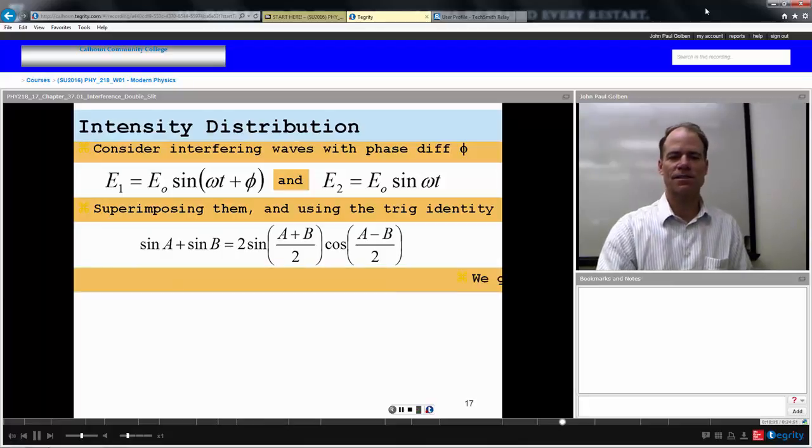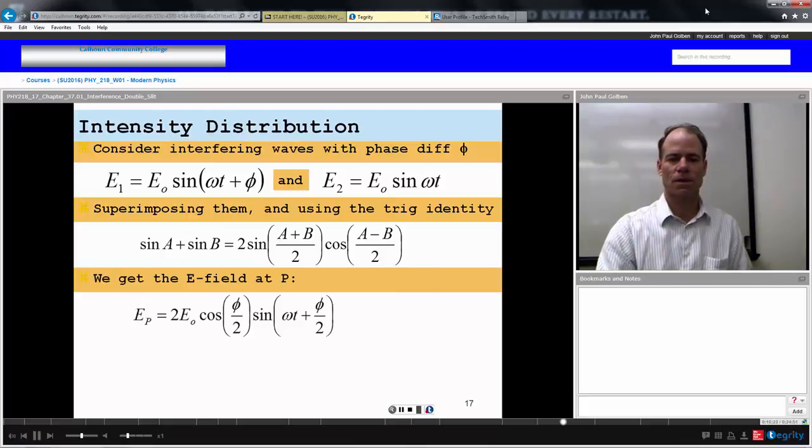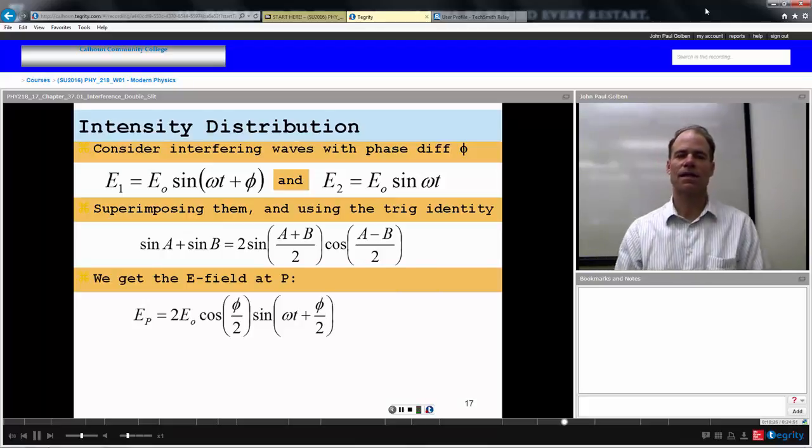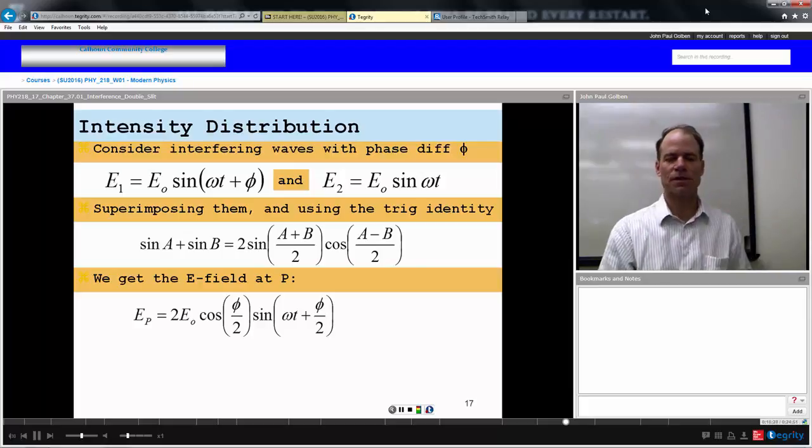So adding these two together, we would get that the E field, the amplitude, at some point, P, is equal to 2 E naught cosine phi divided by 2, because we have the A minus B factor, and the omega t's will cancel out, times sine omega t plus phi divided by 2. Because the 2 omega t's divided by 2 gave us an omega t plus phi divided by 2. So that's just employing this trig identity.